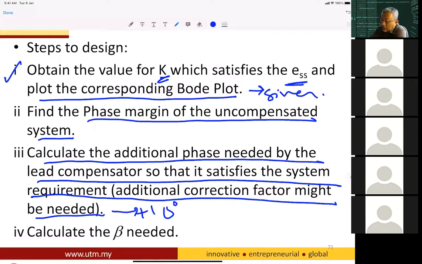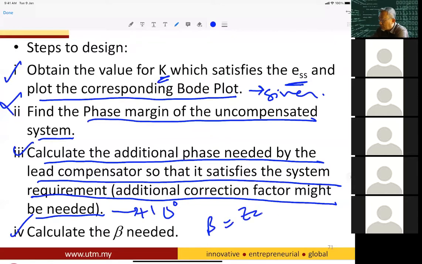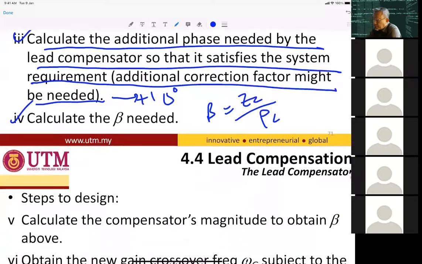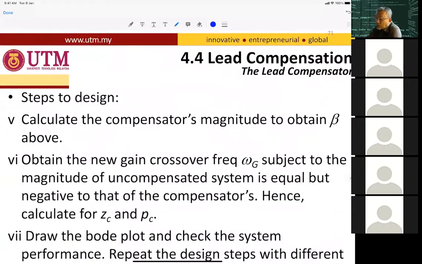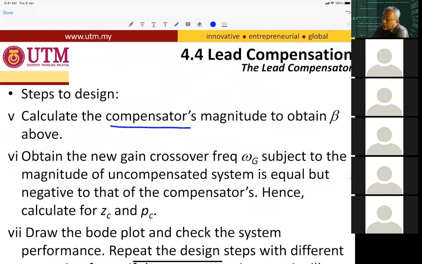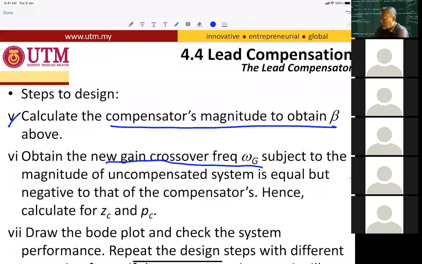Then calculate the beta value, which is ZC divided by PC. Continue to calculate the compensator magnitude from the beta above. Then obtain the new gain crossover frequency, where the magnitude of the uncompensated system is equal but negative to the compensator's.